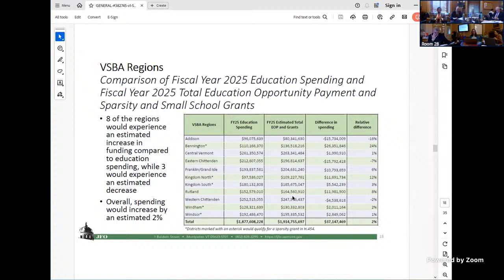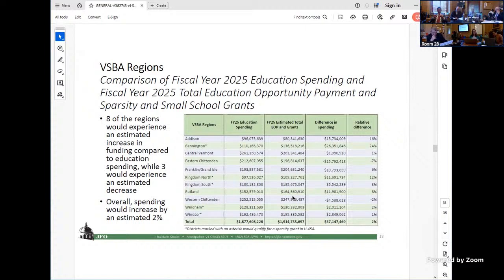So I think there are a couple of different ways to think about this. One thing I would flag is that when we're looking at the difference in spending, we're looking at what the foundation formula would give versus the current education spending. We know there's significant variation across the state in current education spending.